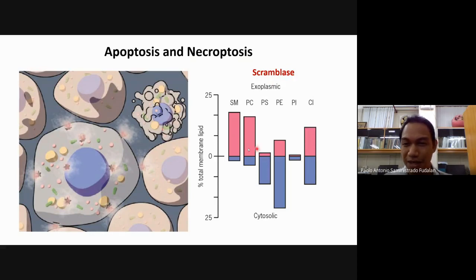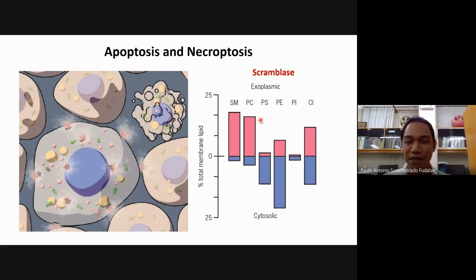And then the cell will actually use an enzyme called scramblase. If you can remember this illustration, this is the distribution of phospholipids and sphingolipids in the cell membrane. The dying cell in apoptosis will use scramblase on this. What is this PC? Do you remember? Phosphatidylcholine.